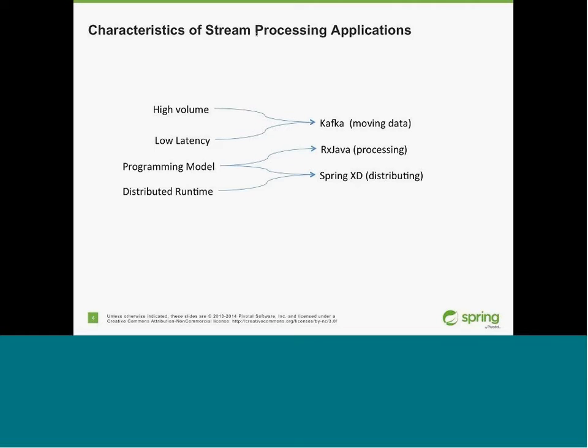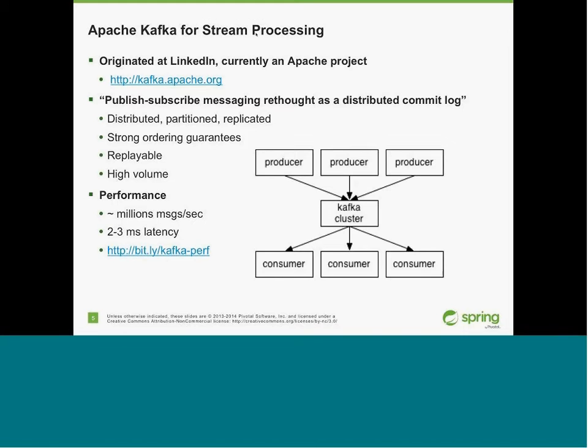And we're going to use Spring XD and its deployment and runtime abilities for deploying and running the components that we have developed in RxJava. So this presentation will basically be about how we tie these three stories together in a very unified whole.